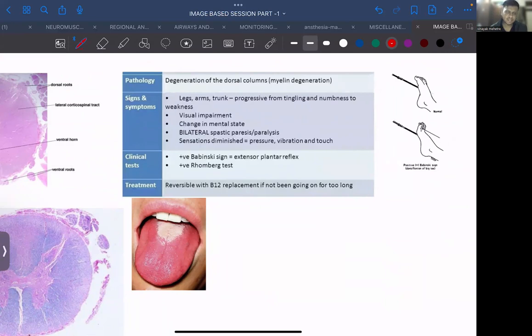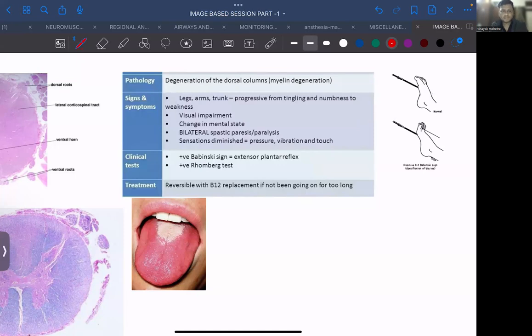Now she is having difficulty in vision, unable to concentrate while studying, and altered mental status. What is the deficiency in this patient? So what is the diagnosis?